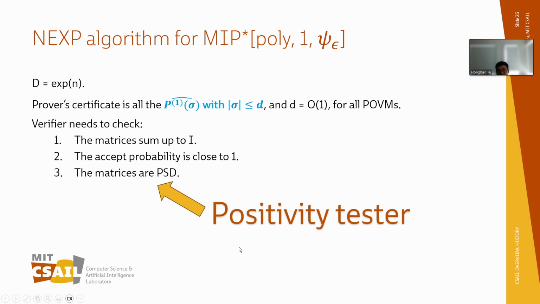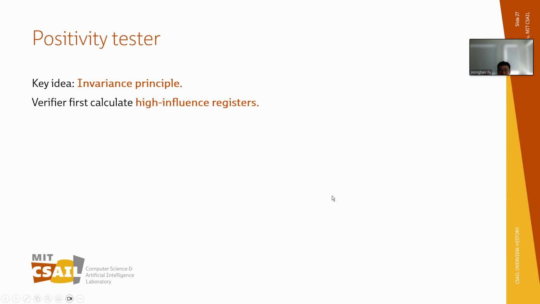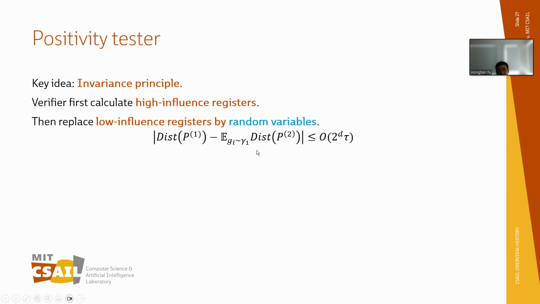So instead, we come up with a positivity tester for this task. It's also an NX algorithm, so the certificate is basically all the low degree Fourier coefficients. And the idea for the positivity tester is, again, using the invariance principle. The verifier can calculate all the high influence variables, then replace all the low influence variables by random variables. And recall this guarantee on the distance to the PSD matrices. So the verifier only needs to evaluate this expected value.